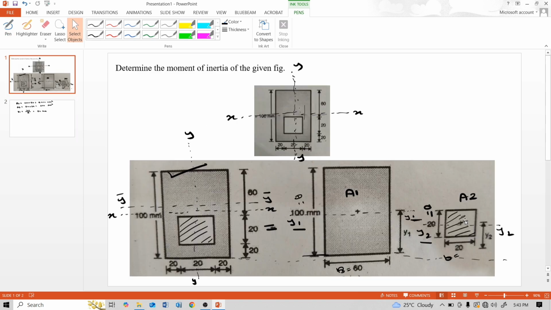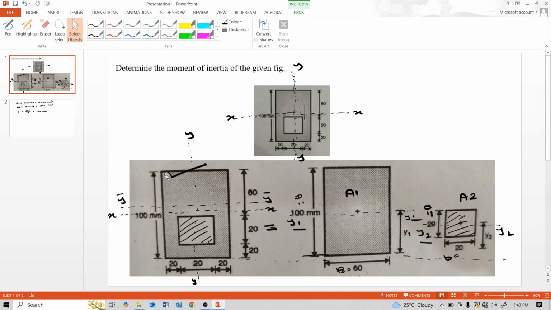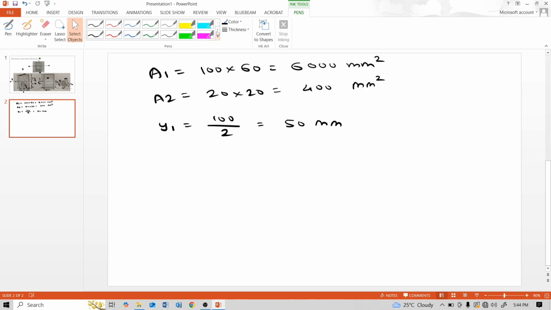For the square part, y2 is 20 by 2 plus 20, that is 30 mm, because this 20 mm part is also included from the bottom.